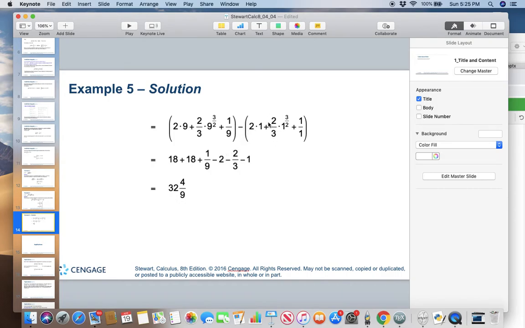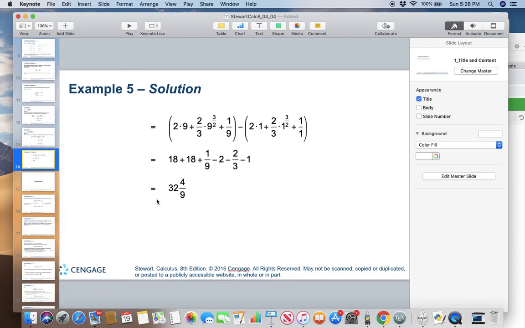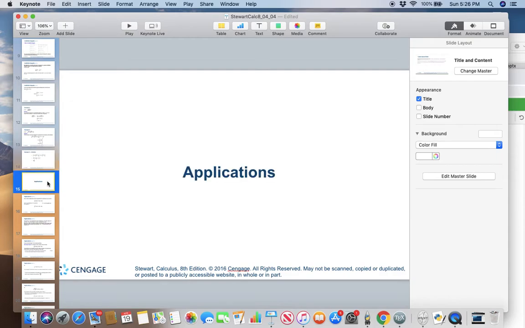This is negative 2/3. 1 to any power is 1, so it doesn't contribute. Lastly, negative 1. All right. So you have 18 plus 18 minus 2 minus 1, and then take care of the fractions. They have calculated it all to give us 32 and 4/9. All right. So this is a simple way of calculating definite integrals.